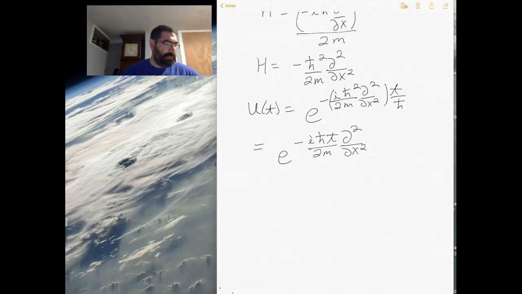Okay. And now the way that we operate with operators that are inside exponentials is to break them up with the Taylor expansion.